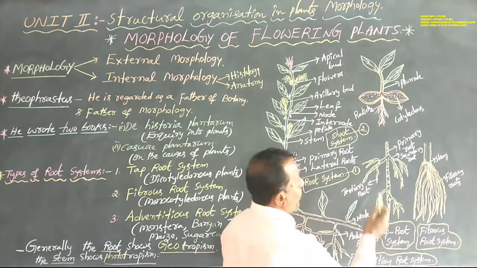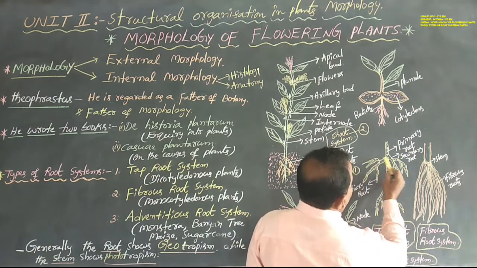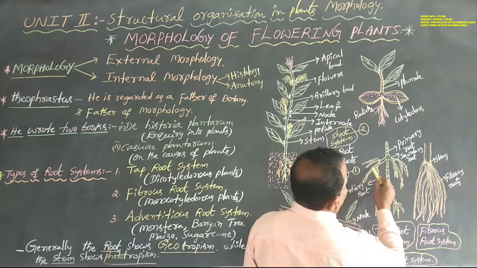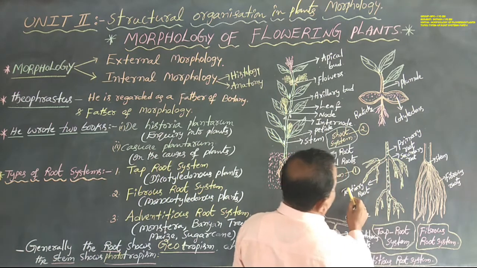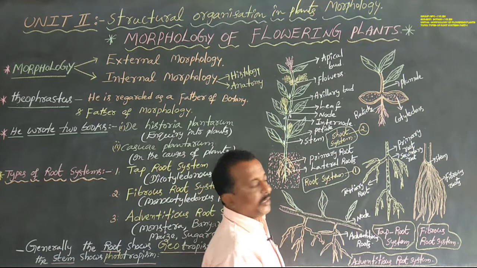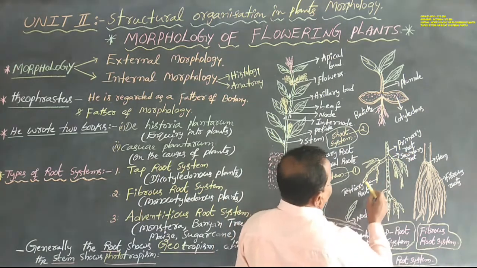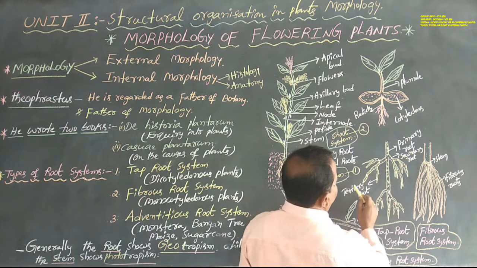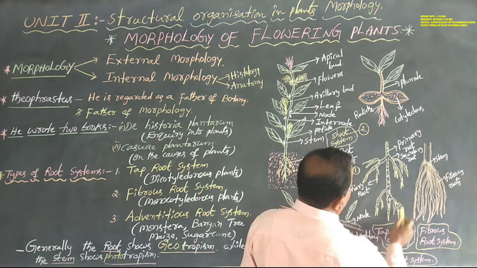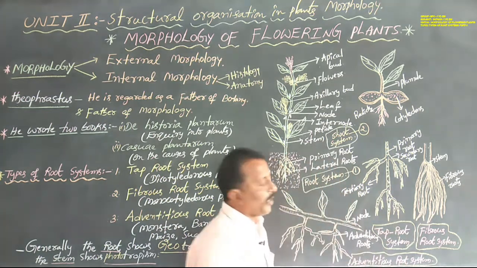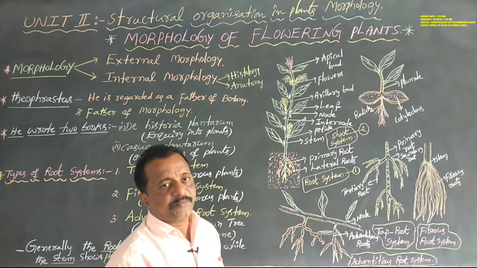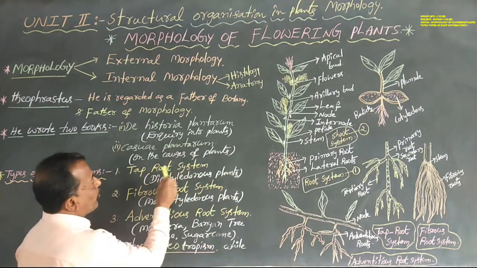Then several orders of lateral roots develop, that is secondary roots and tertiary roots. The primary root and its branches constitute one tap root system. That is called tap root system.